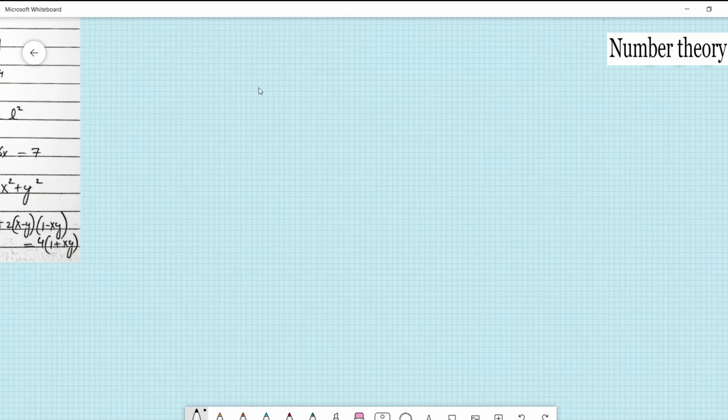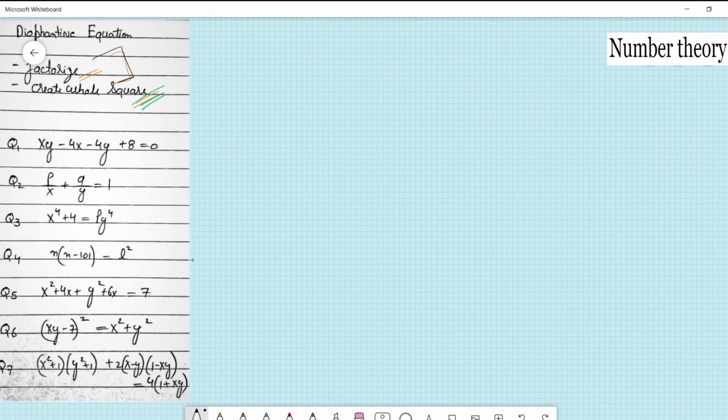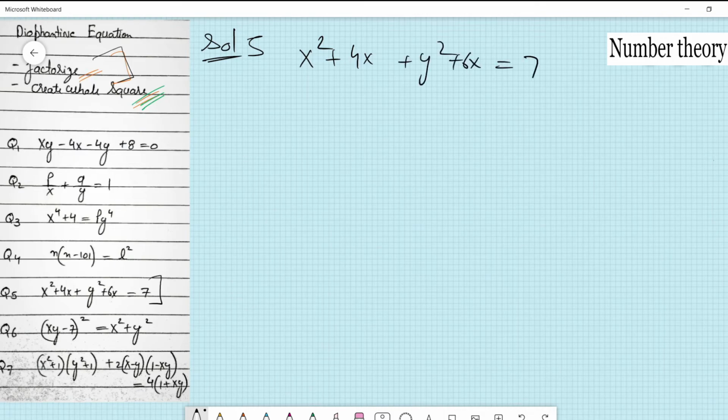So let's take up an example which will involve creating a whole square. Let's take question number 5. Solution of 5th. Here we have x square plus 4x plus y square plus 6y equals 7. We'll try to create whole squares, and you can see how this can be done.